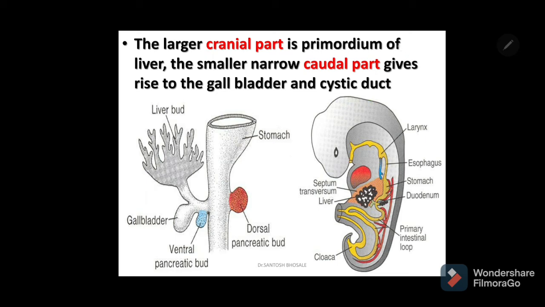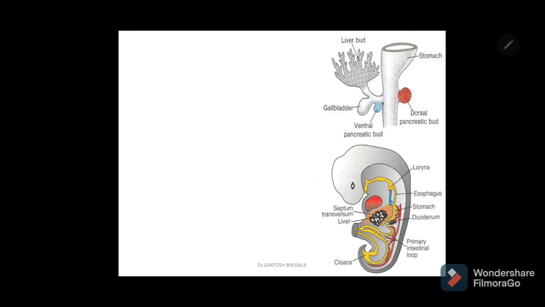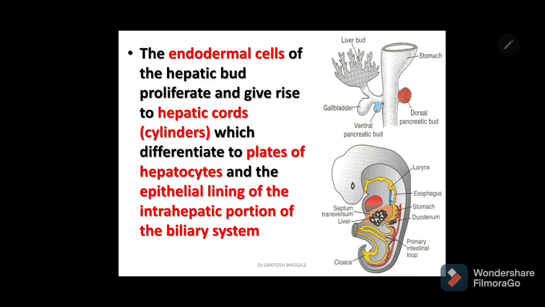The larger cranial part forms the liver proper. The caudal smaller narrow part forms the cystic bud, which forms the gallbladder and cystic duct. You can notice the cranial larger part and a caudal smaller part.